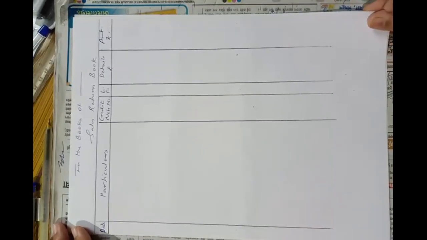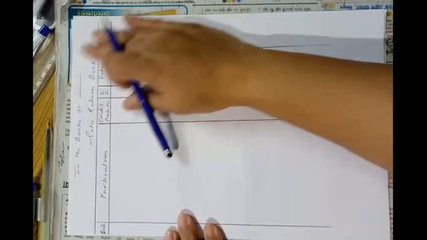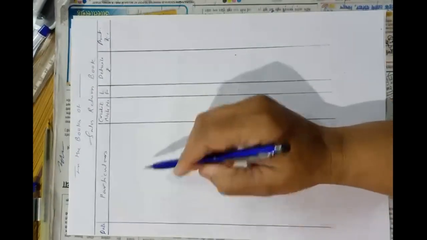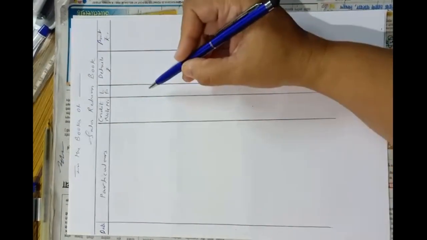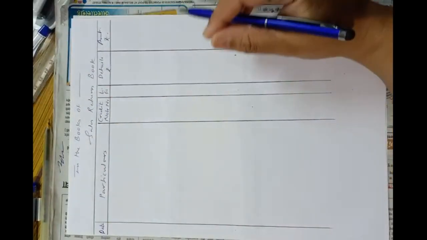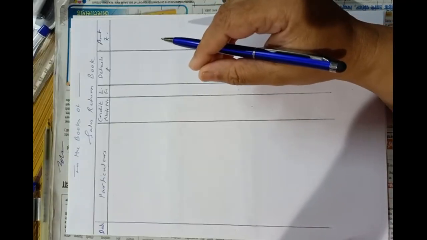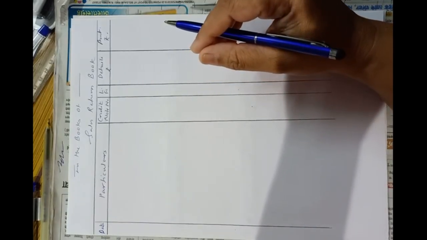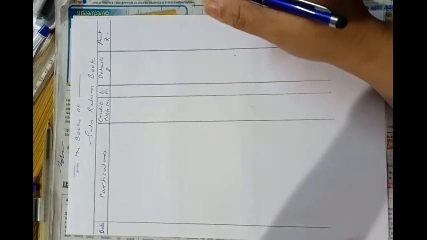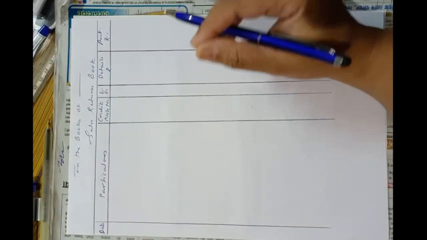So this is the sales return book. We'll prepare sales return book. Date, particulars, credit note number, LF, details and amount. In the books of, party's name is not given here. Okay, so now we will enter the transactions just like purchase return book. See the transaction.